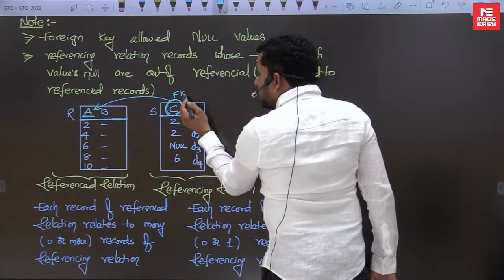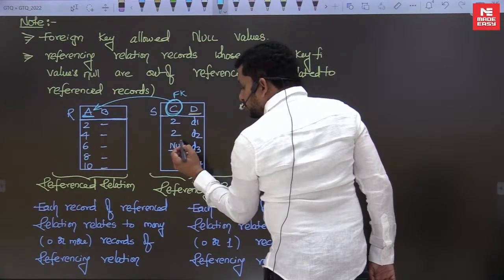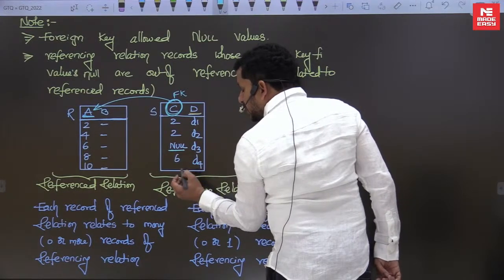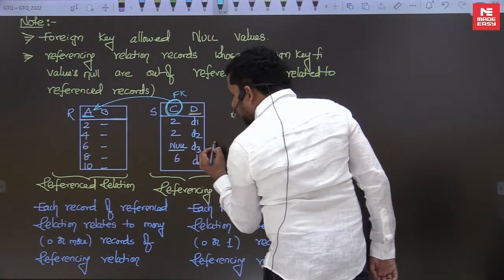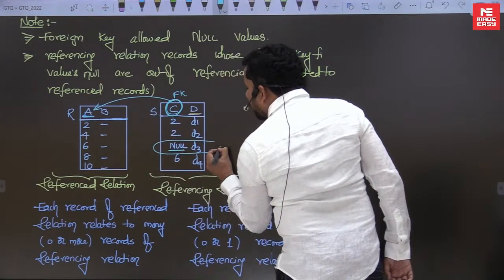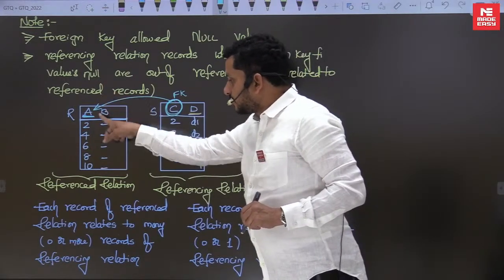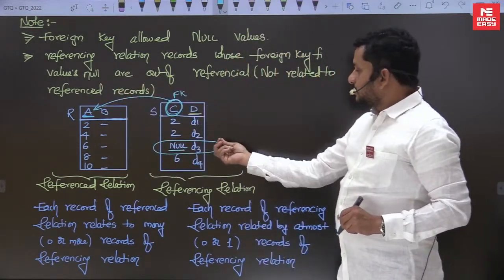So a foreign key can contain null. The referencing record whose foreign key value is null is outside the foreign key constraint. It is not related to any of the referenced table.